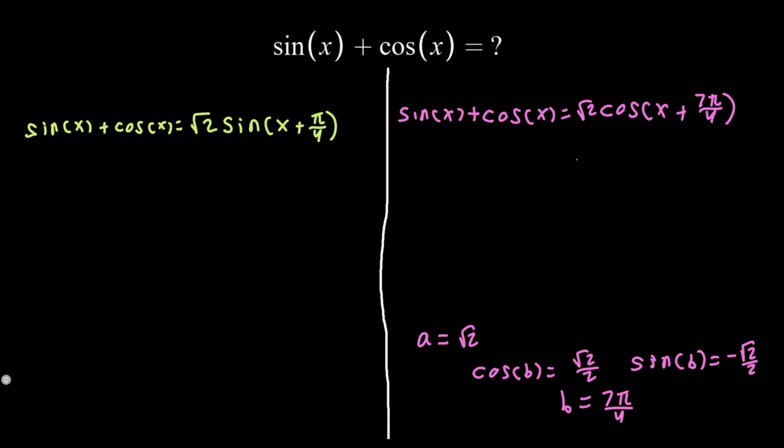Or you can also rewrite this as root 2 cosine of x minus pi over 4, and the only thing that changes is the function and the sign in front of the x.